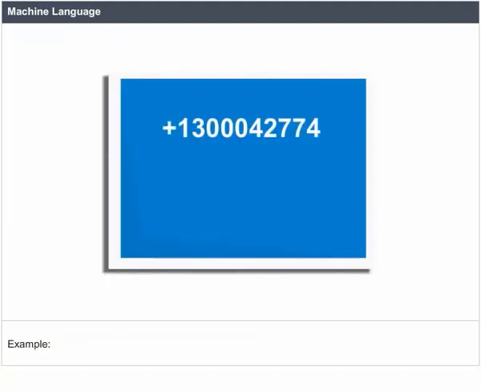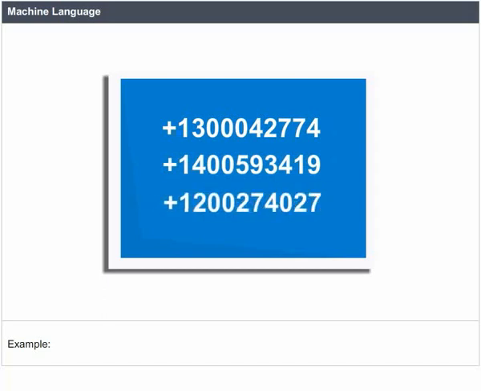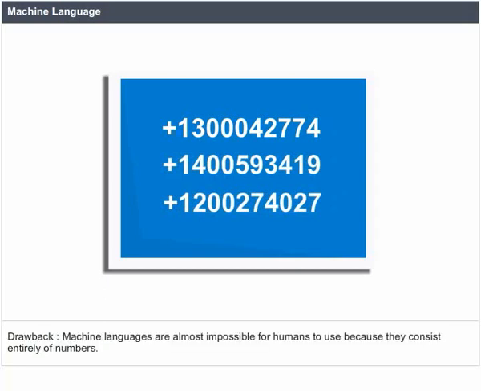Example: +1300042774, +1400593419, +1200274027. Drawback: machine languages are almost impossible for humans to use because they consist entirely of numbers.